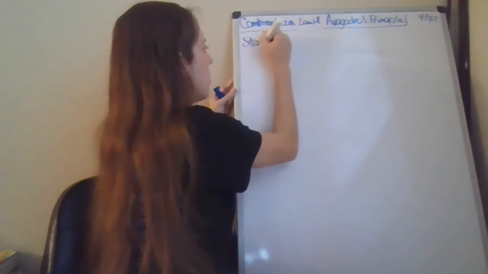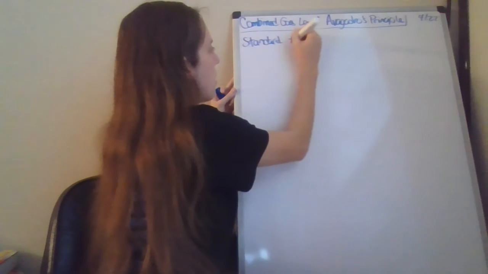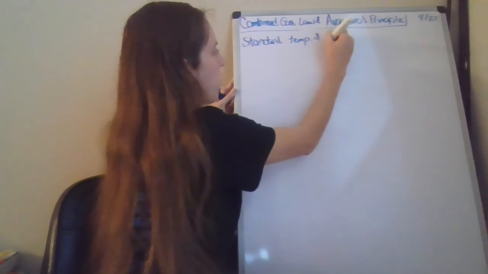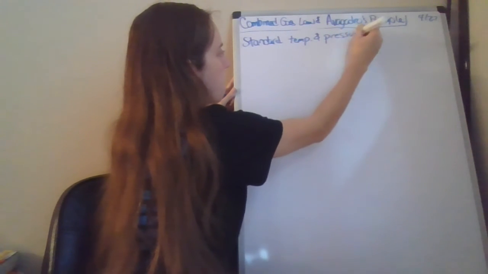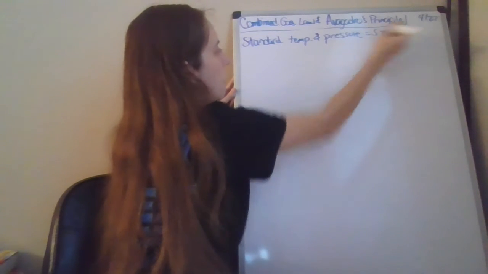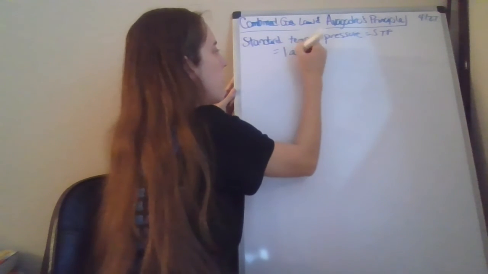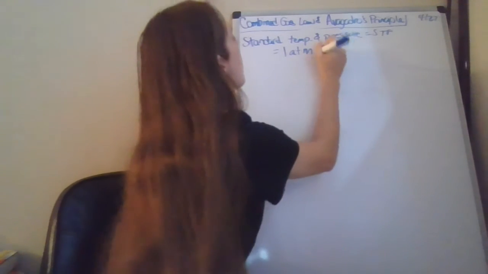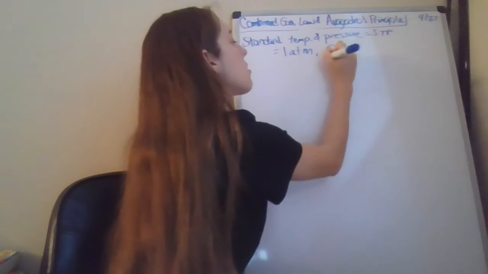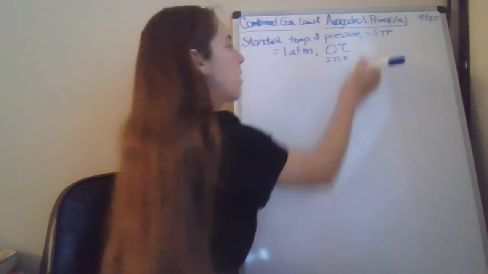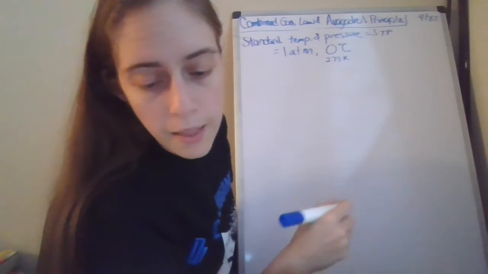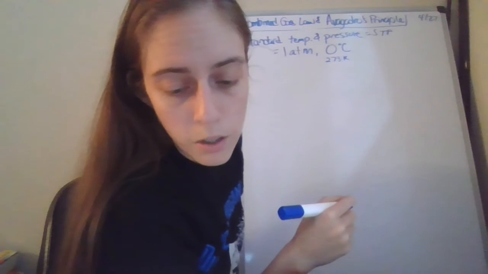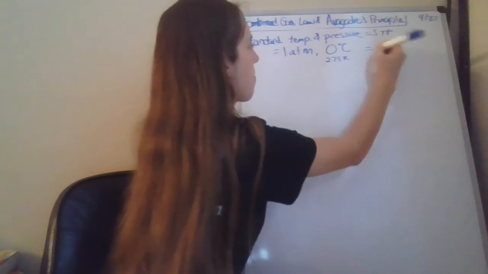This is important. So standard temperature and pressure equals STP, and this equals 1 atm, so 1 atmosphere pressure, 0 degrees Celsius, or 273 degrees Kelvin. And that is the molar volume for a gas.